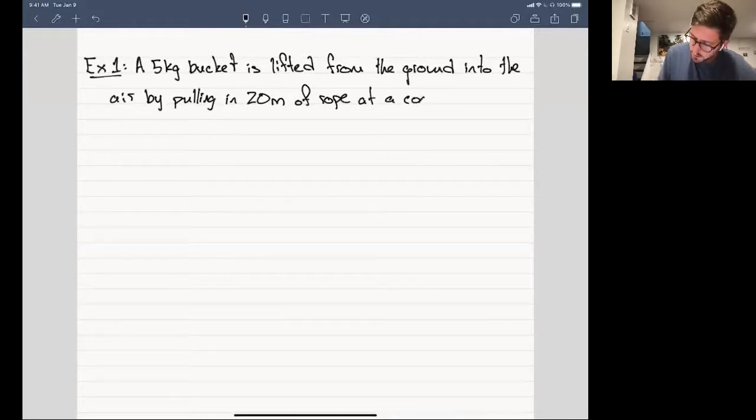So you can imagine maybe this is put on a winch or something like that, and this is a perfectly constant speed that this thing is being pulled up that 20 meters by this rope.